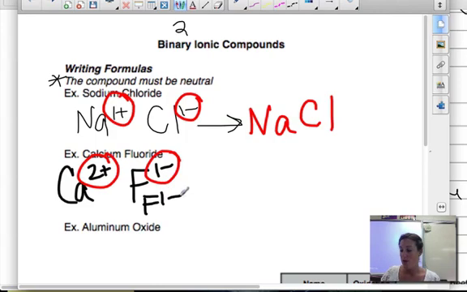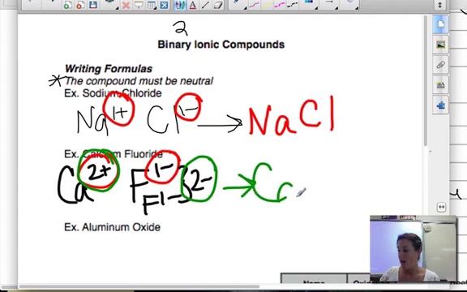So now I have two negative 1 charges, which equals negative 2. Now looking at these charges, they are balanced. So to write the formula, I have 1 calcium and I have 2 fluorines. So you write the number that you have down at the bottom.